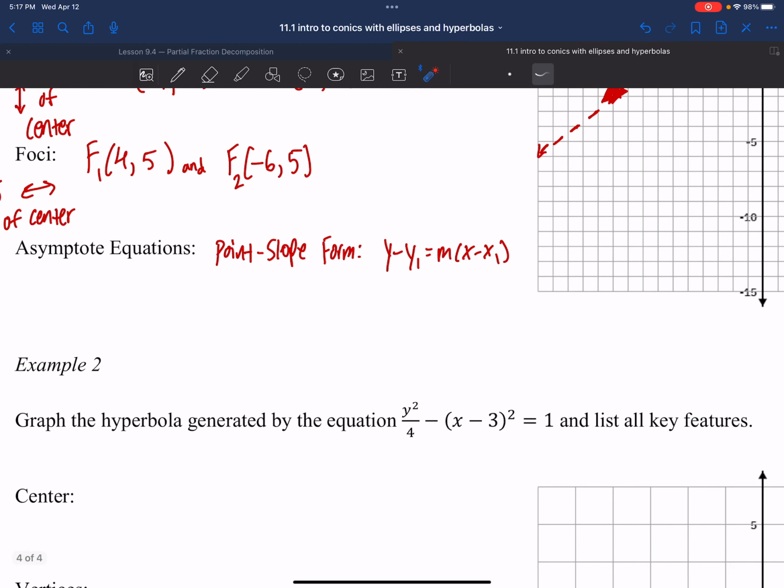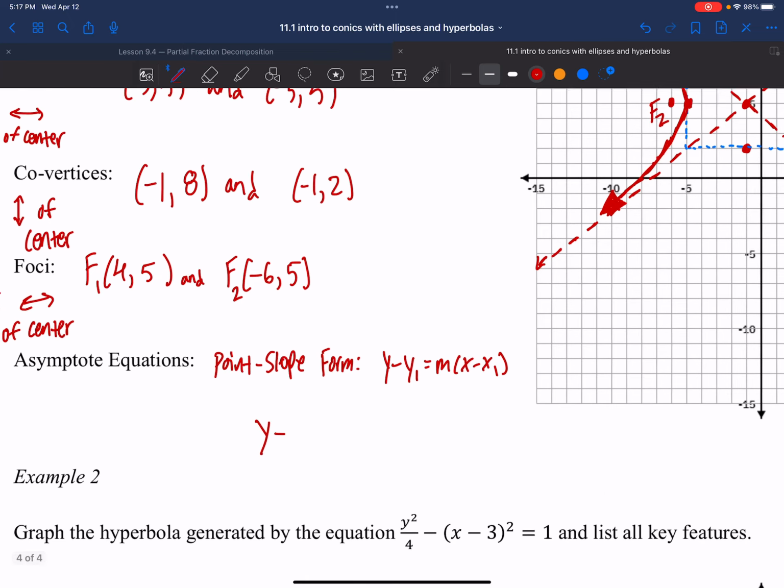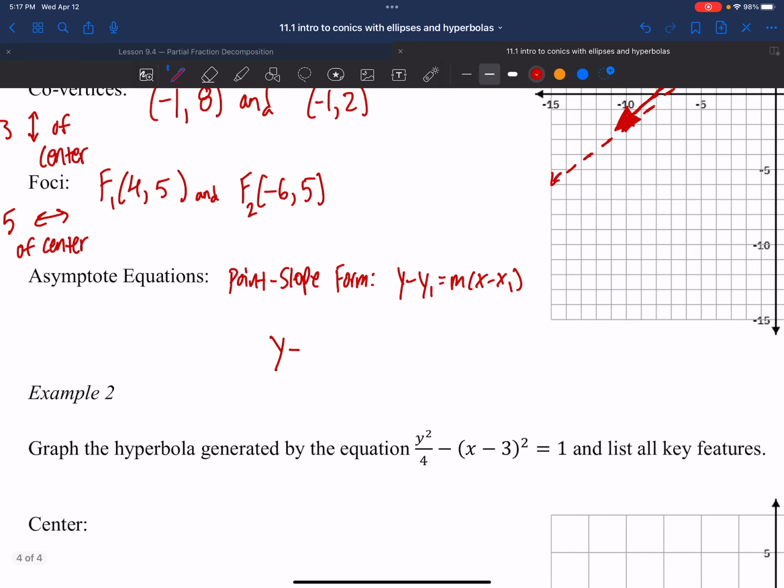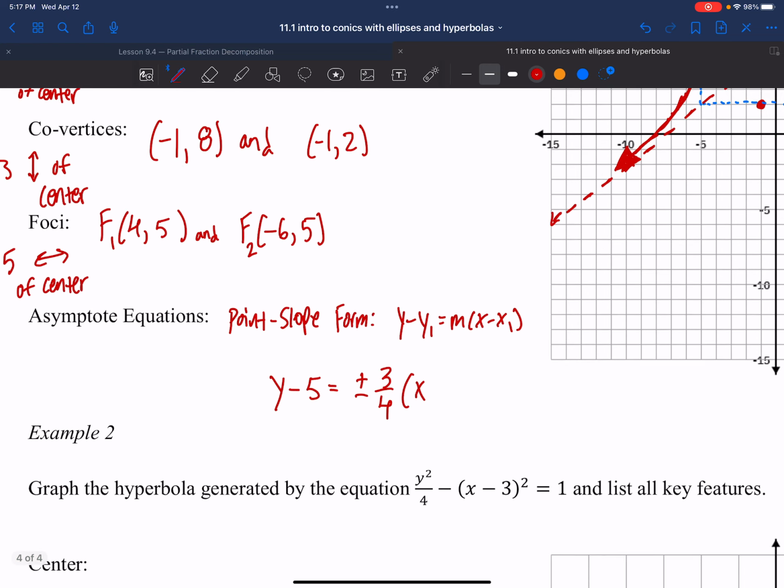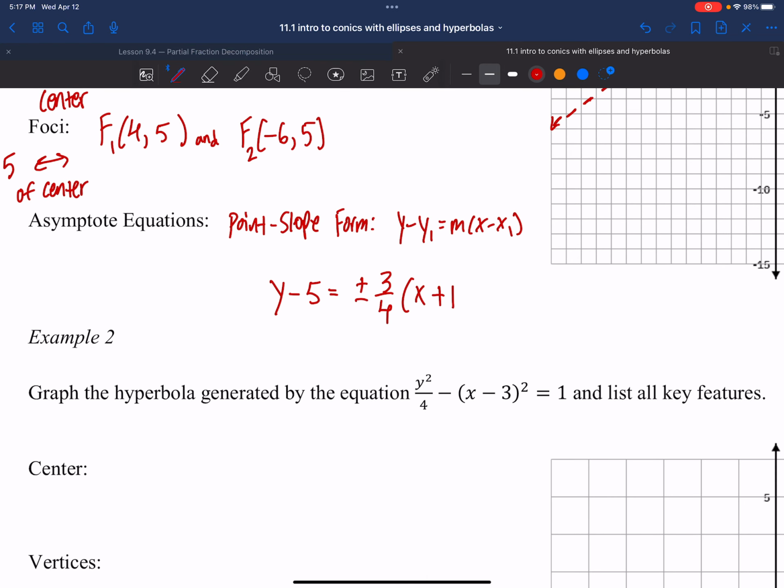So that means you have two slopes. Both are 3/4, but one is positive and one is negative. So you can actually just sum this up and say it's y minus y1, which is y minus 5, equals plus or minus 3/4, because it's positive or negative, times x minus x1, but that's minus negative 1, so it's x plus 1.